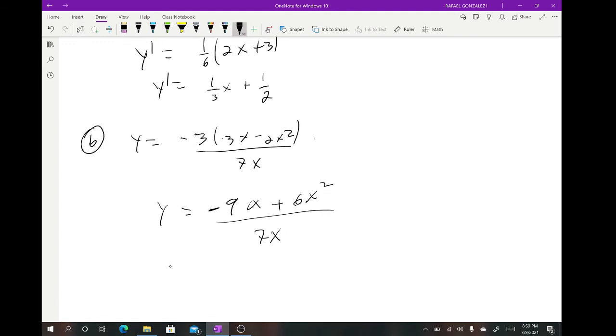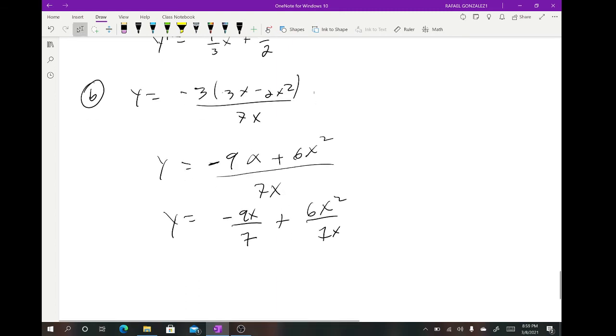And now, if you rewrote this as minus 9x over 7 plus 6x squared over 7x, then you could clearly see that this x is going to cancel out with this one, and one of these x's is going to cancel out with this one. So you're going to be left with minus 9 over 7 plus 6x over 7.